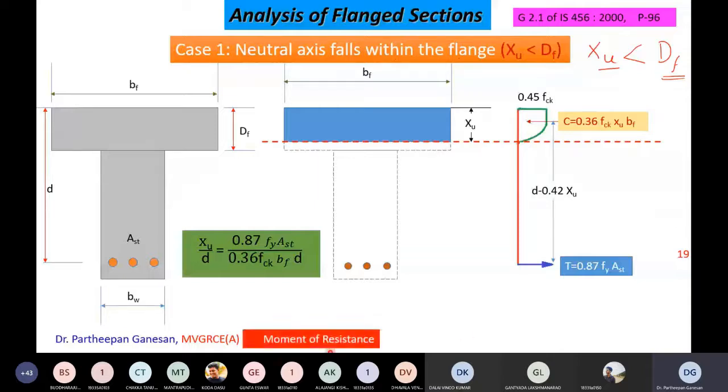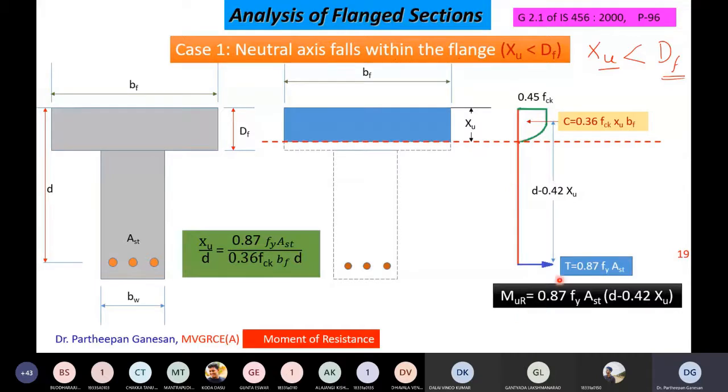So I am taking moment about this compressive force. 0.87 Fy into AST, that is the force value, multiplied by the perpendicular distance between the two forces, D minus 0.42 XU.